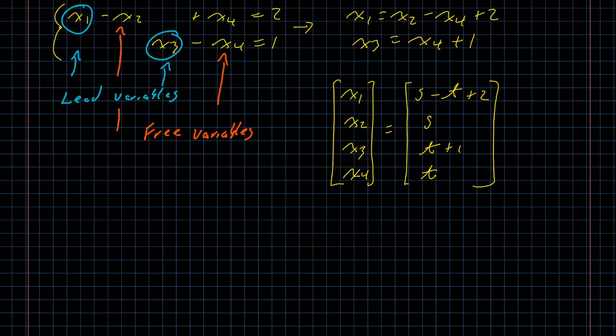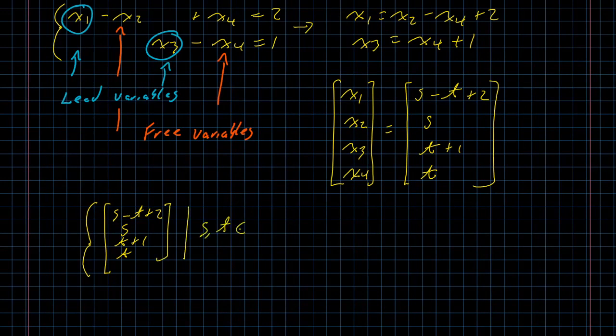So we could write the solution set as the set of all (s minus t plus 2, s, t plus 1, t) such that s and t are real numbers. That's perfectly valid. That is absolutely the solution set.